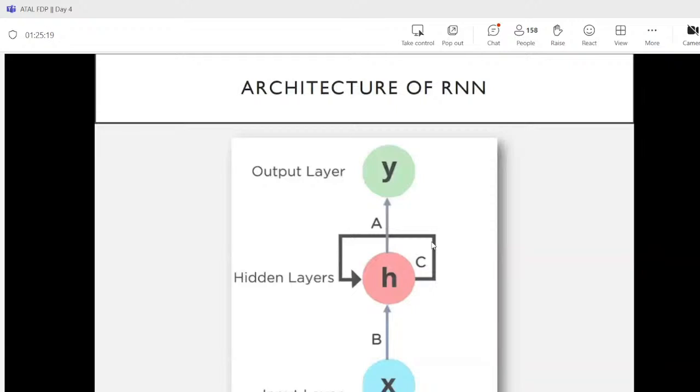When the weights are updated, the output will be changed. When the weights are not getting updated, it will hold only the previous value. But when the weights are getting updated, that previous value will be changed to the next value.